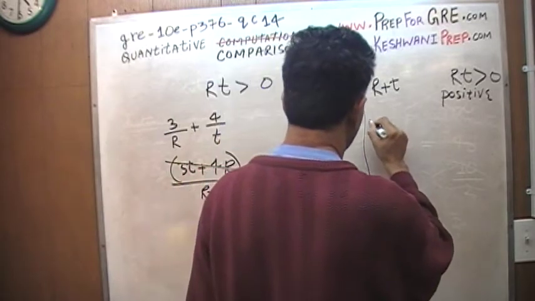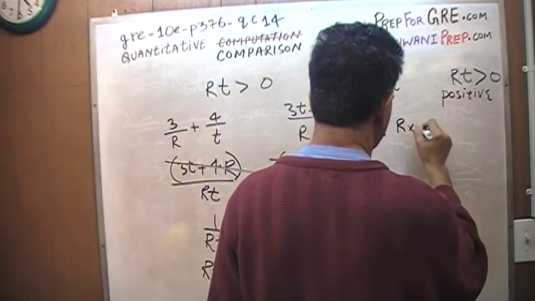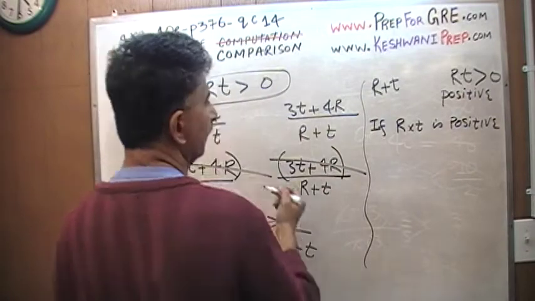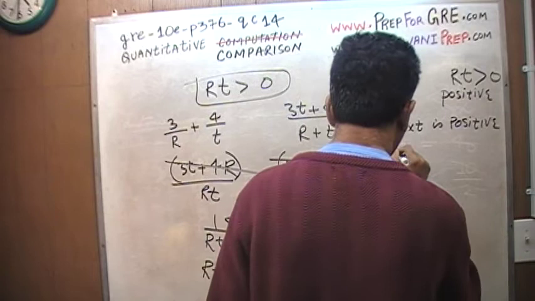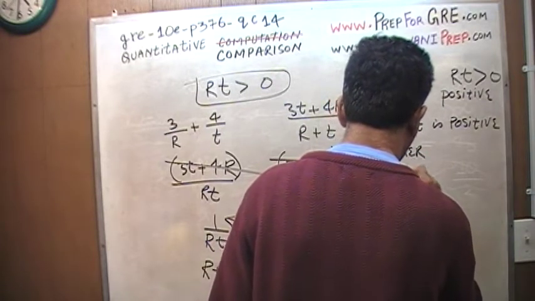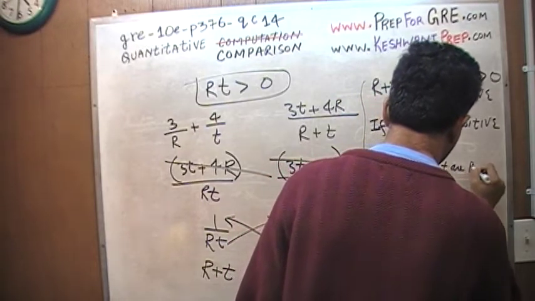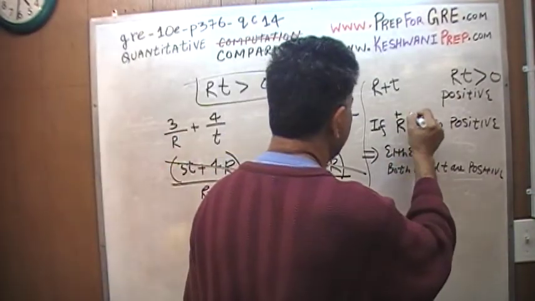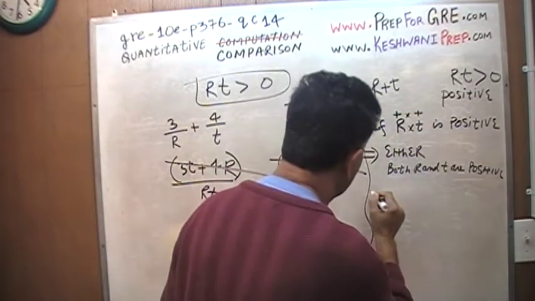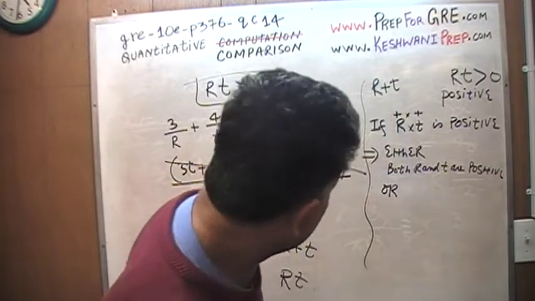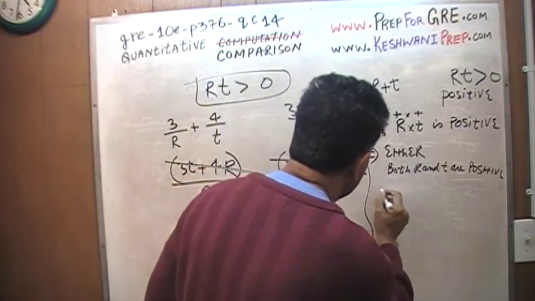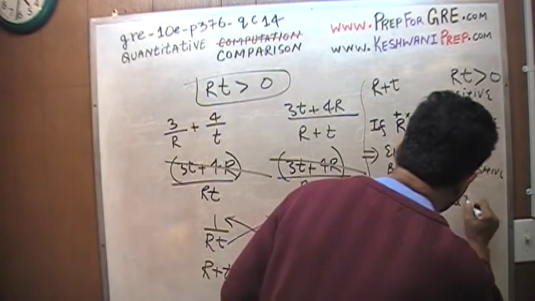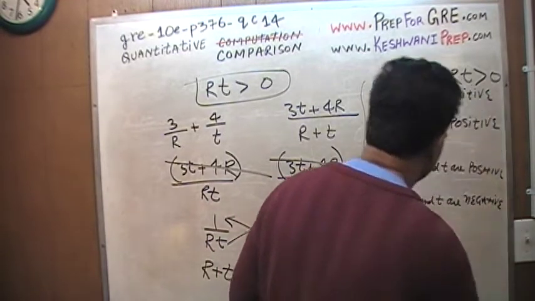Let's talk about it. If R times T is positive, which is what we're told here, that implies that either both R and T are positive, because you see positive times positive will give us positive, or both R and T are negative.